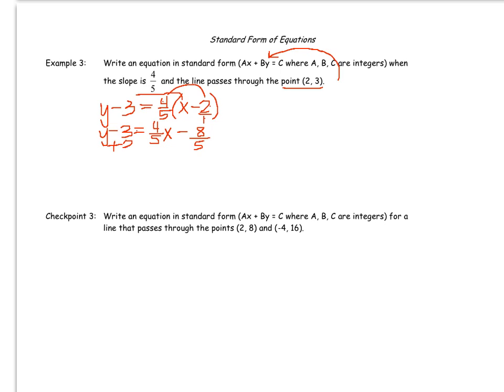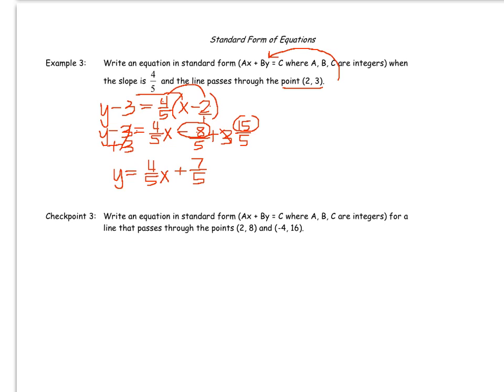To solve, I'm going to add 3 to both sides. So I have that y equals 4/5 x. Now, 3 is the same thing as 15/5. So negative 8/5 plus 15/5 is 7/5. And your calculator can help you with that one if you need.